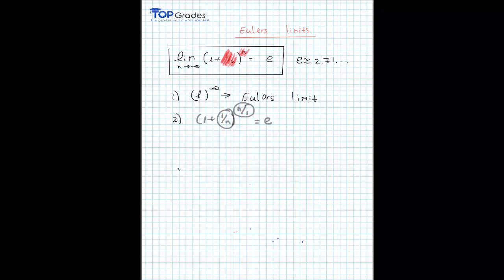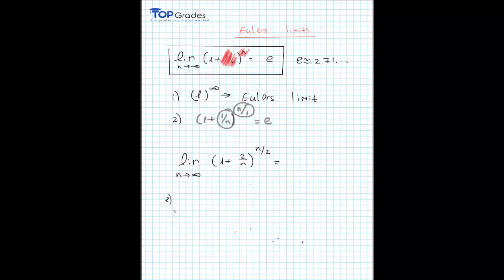For example, the limit as n reaches infinity of (1 + 2/n) to the power of n/2. This is the power. First of all, we have to plug in infinity.